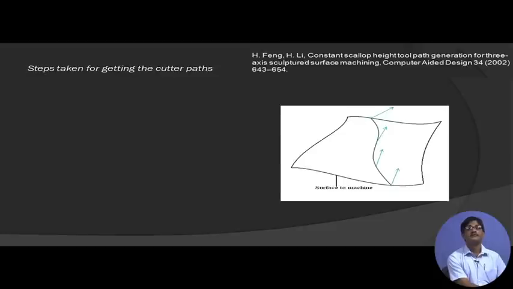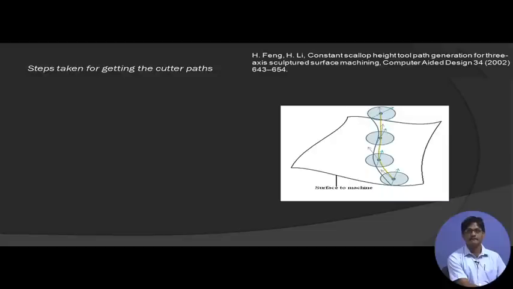We determine the surface normals at these points. These points are the CL points, the centers of the nose portion of those ball end milling cutters. We join them by a smooth curve. We find out the tangents to this smooth curve, hence we get the cutter directions at these respective locations.